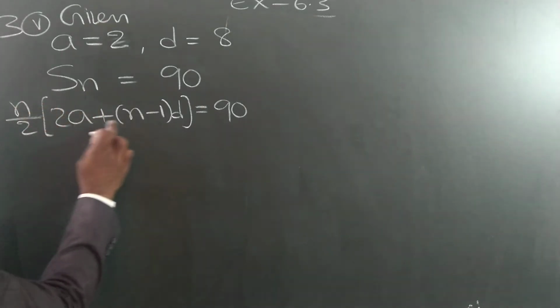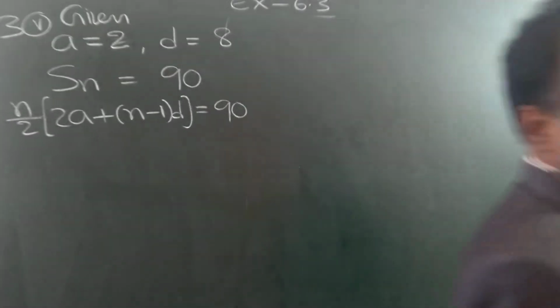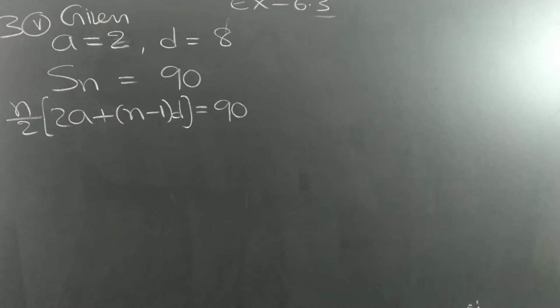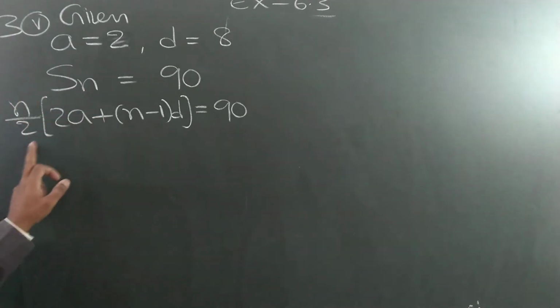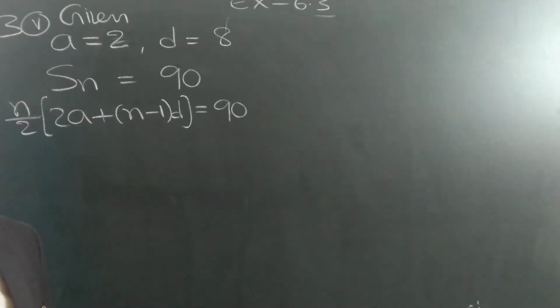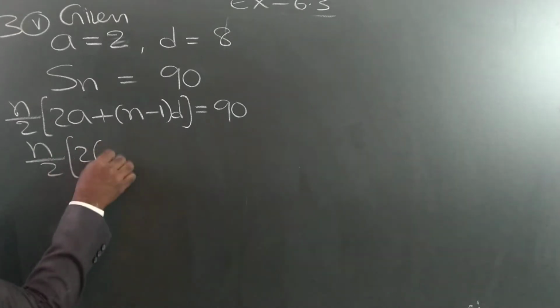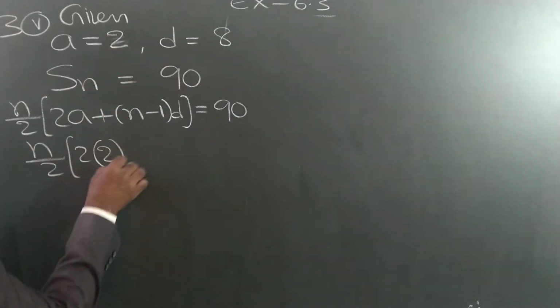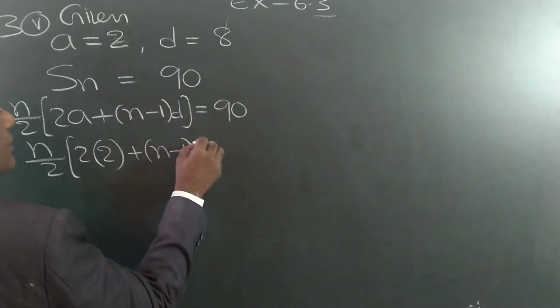In this, whatever values you know, you substitute and find the n value. N we don't know, n we have to find. A we know is 2, and d we know is 8.